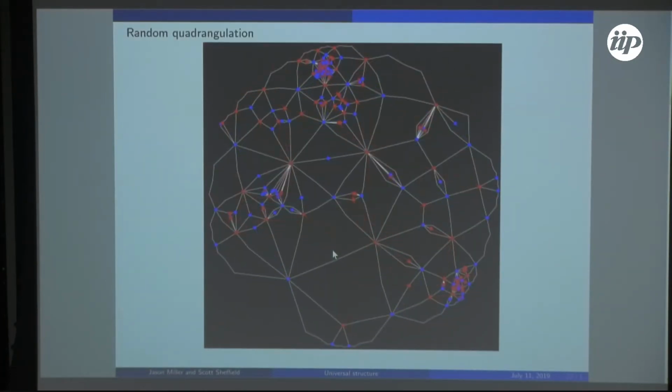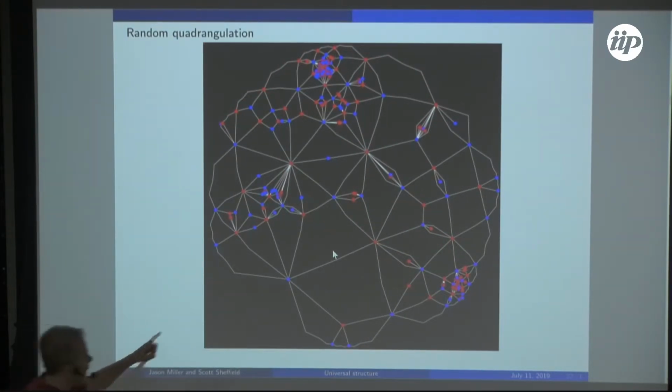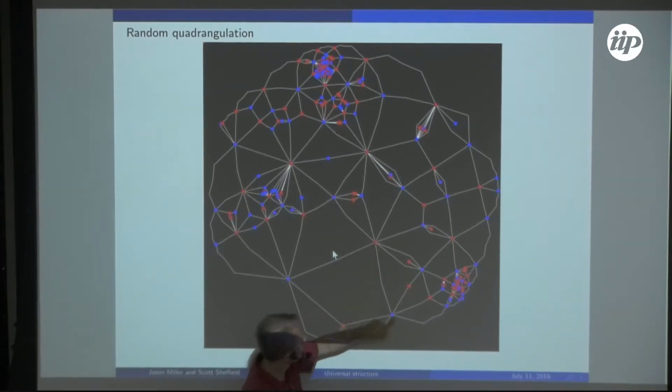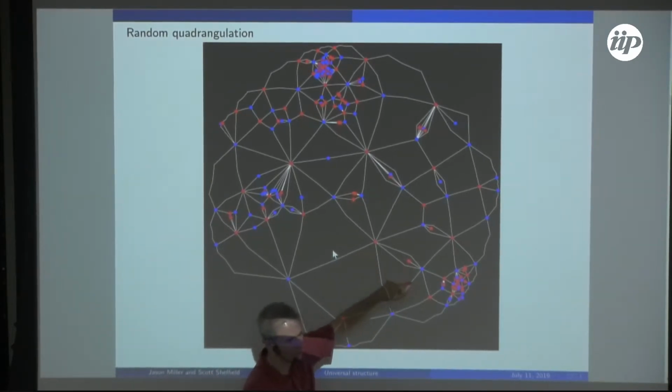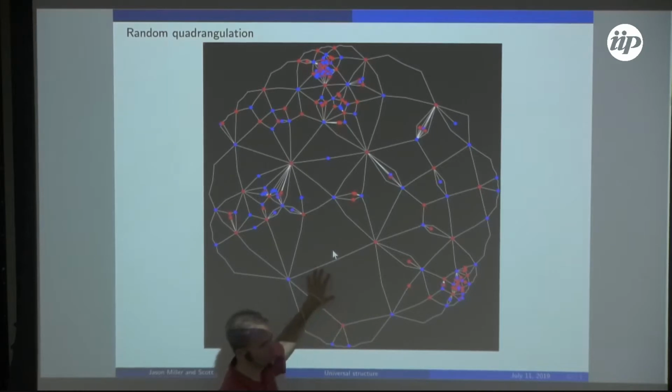Okay, so sorry. I was trying to get away with skipping my explanation, but so this is a random quadrangulation. So these faces are quadrilaterals. It's embedded in a certain way that involves circle packings. So I add some extra edges, I do a circle packing, then I erase the circles, and you just see this quadrangulation.